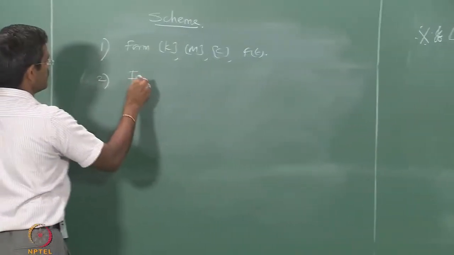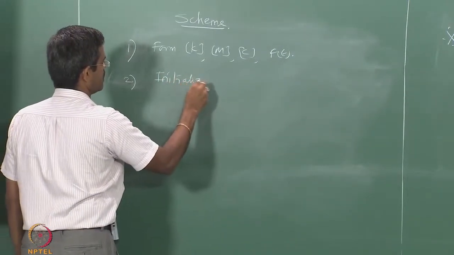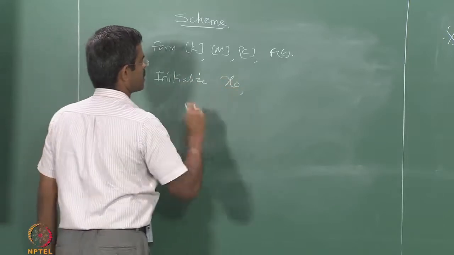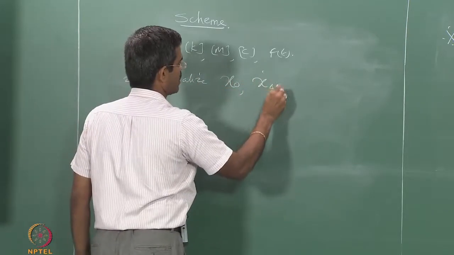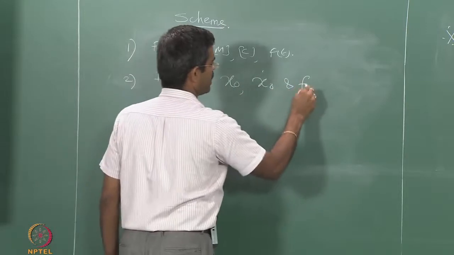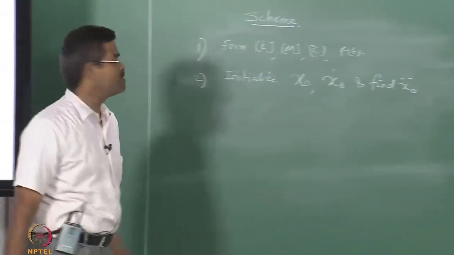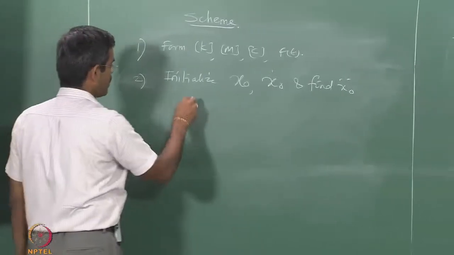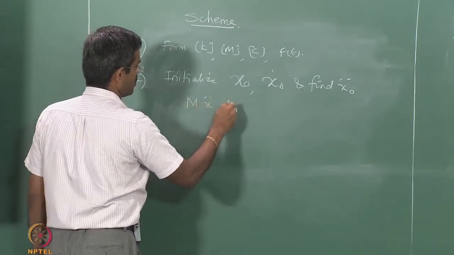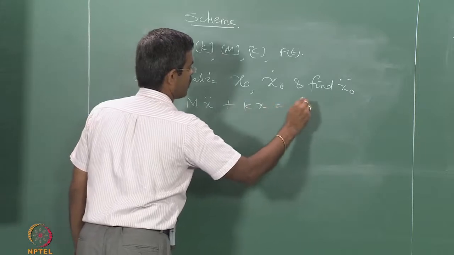Initialize x0 and x dot of 0 and find x double dot of 0. It is very easy to know how it can be done. Let us say my equation of motion is m x double dot plus k x is 0 or f of t.